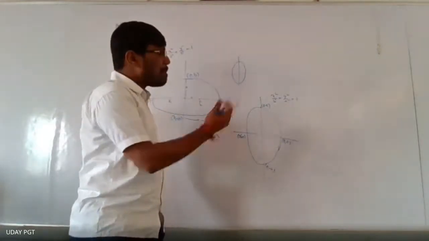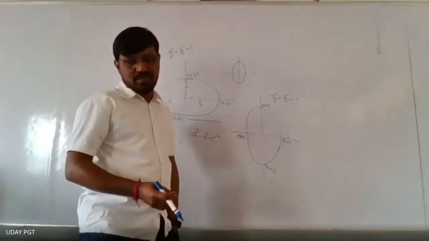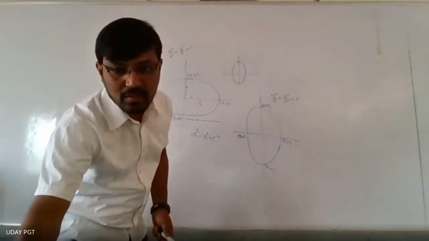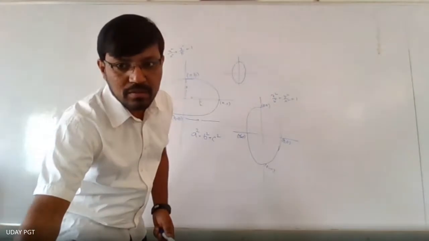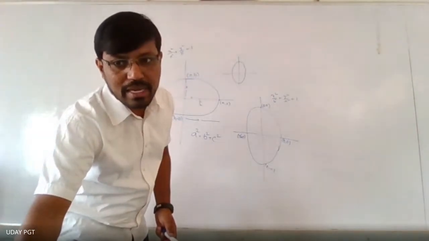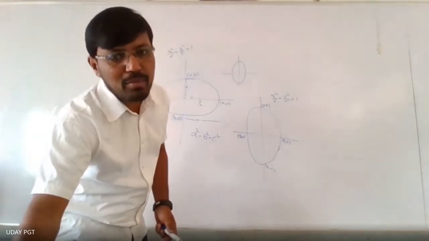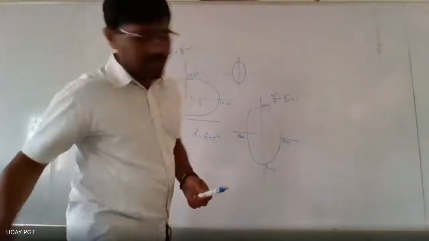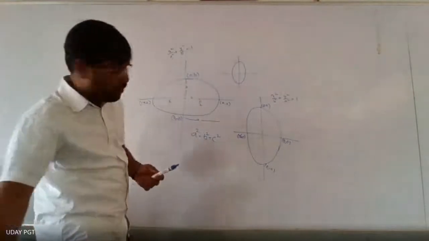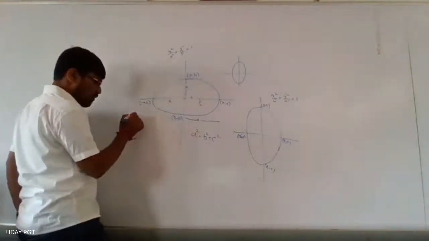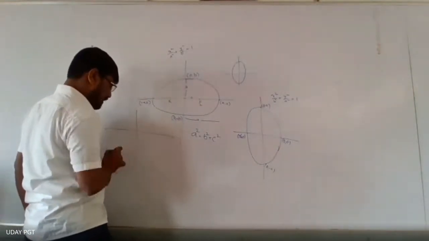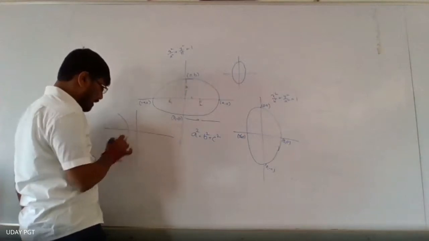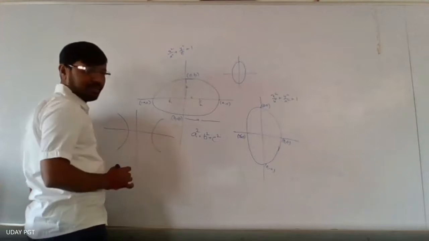Now let us compare this with the hyperbola. In case of hyperbola, let it be like this one. When you take the axis like this, we get the hyperbola on this side and this side.